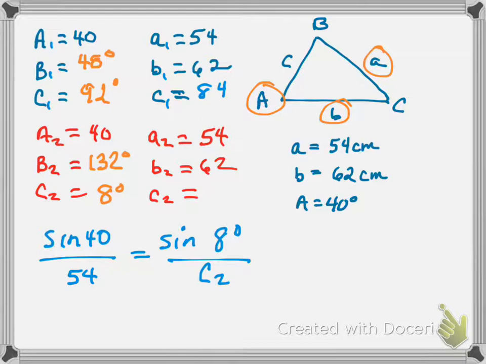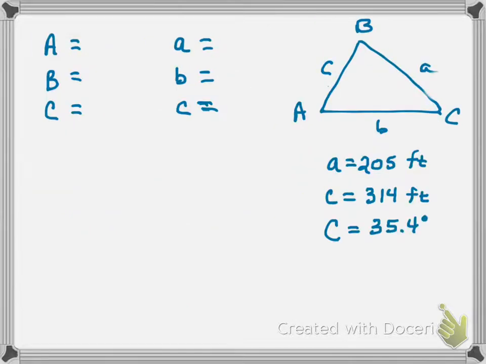Type that in your calculator: 54 times the sine of 8, then divide by the sine of 40, and we get 11.69, which rounds to 12. So C2 in my second triangle is going to equal 12. I go back here, put a 12, and now I have the two possible triangles that would exist from this side-side angle I have been given.